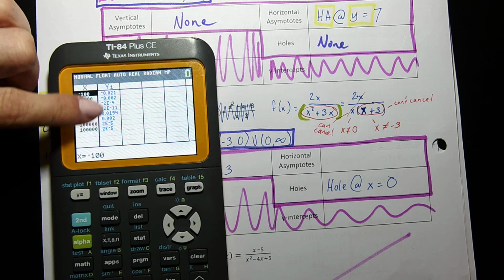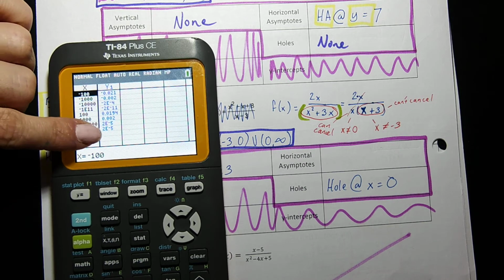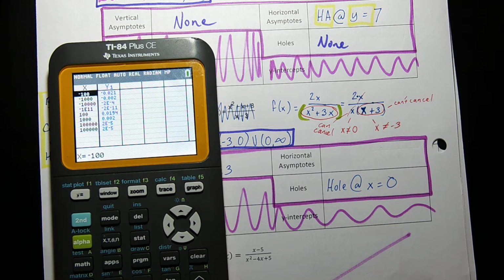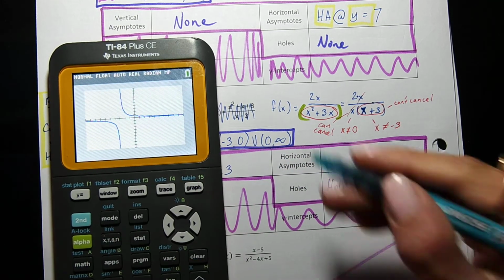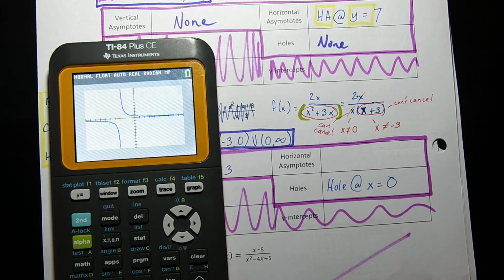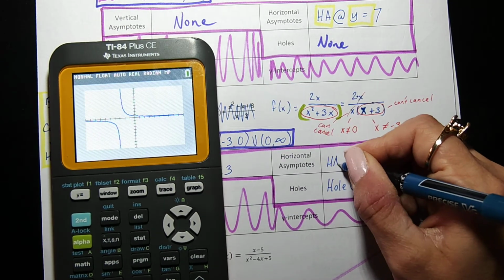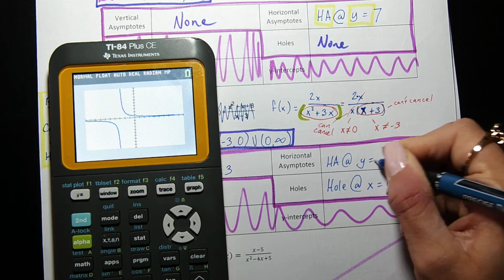Folks, those scientific notation values, what can we round those to? 0. They are very, very, very little numbers. So we can assume, both from our table and from the graph, it appears we have a horizontal asymptote at y equals 0.